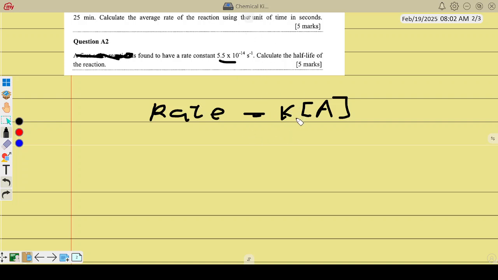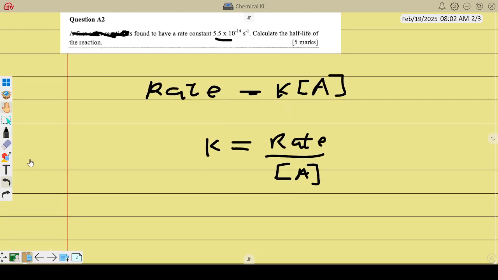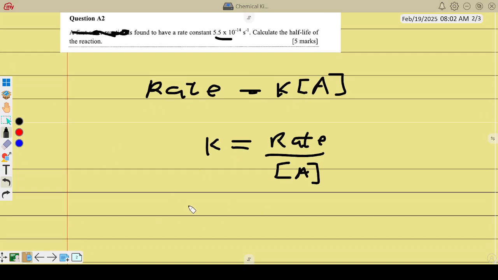How do you know the units of the rate constant? You simply make the rate constant the subject of the formula. So k will be equal to rate over the concentration of A. You divide by A, and then you substitute. This is like dimensional analysis.